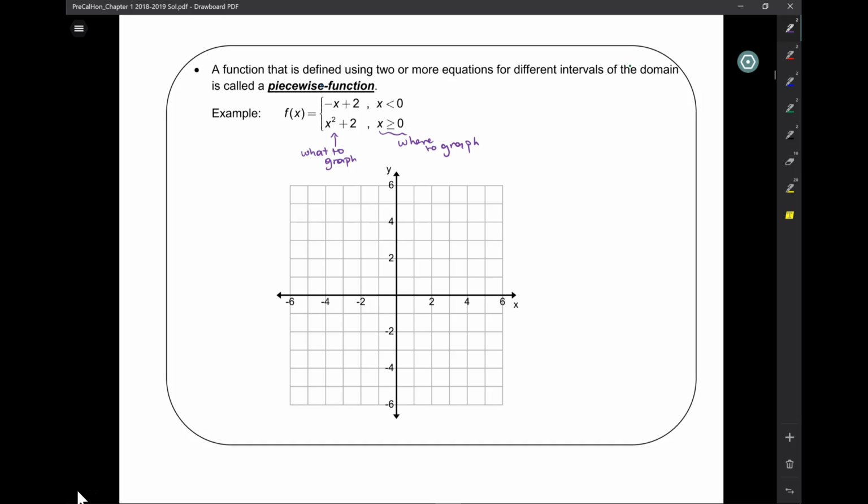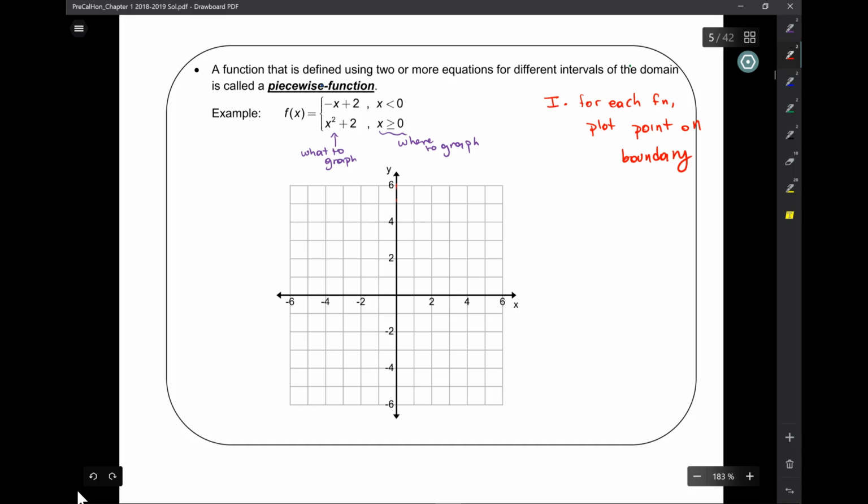Okay? So what I do first, for each function, plot a point on the boundary. So for the first one, the boundary here is x is 0.